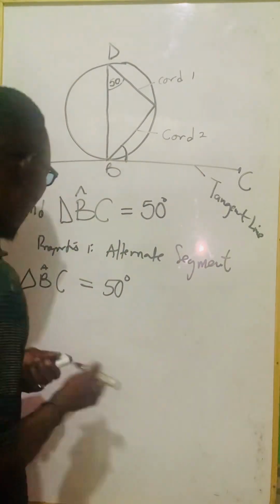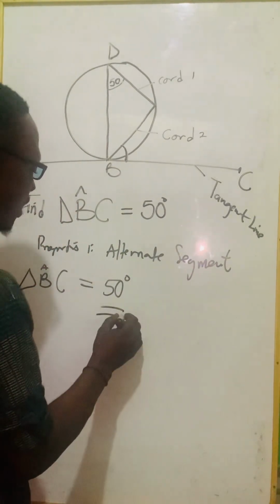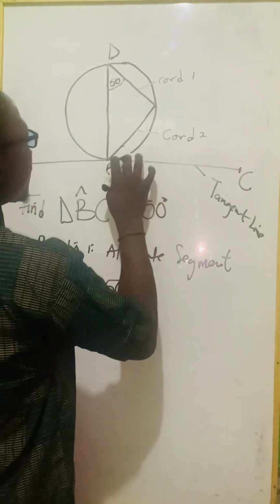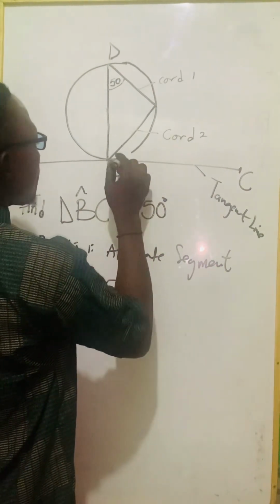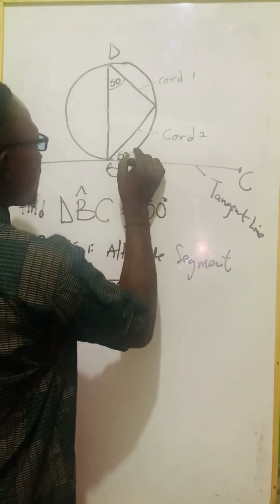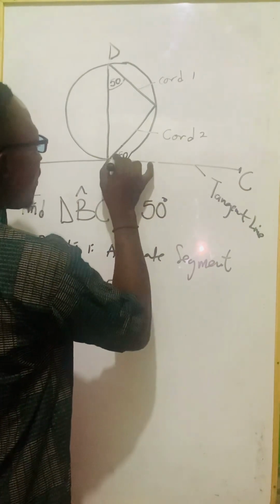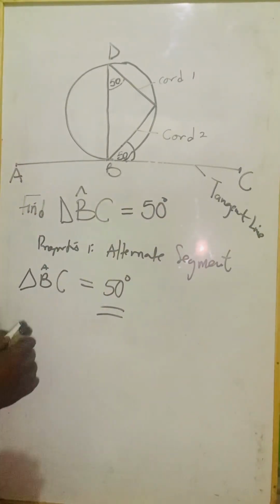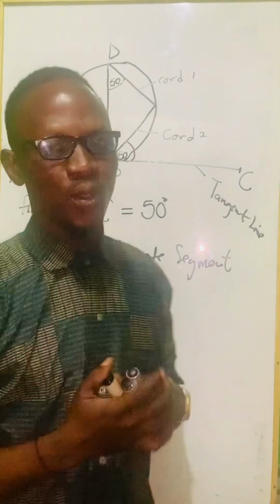So therefore, angle DBC is equal to 50 degrees. We have it here like this. That's it, the angle is 50 degrees.